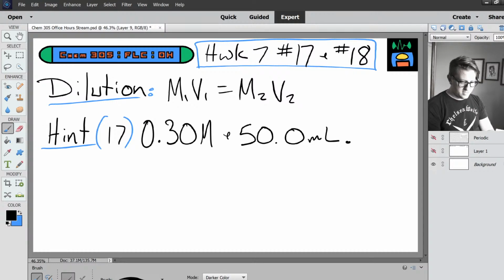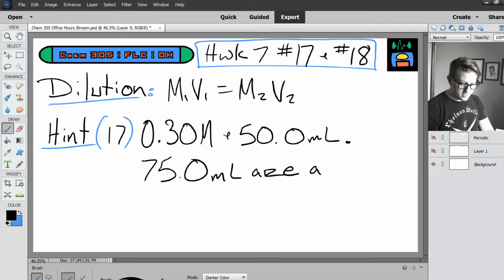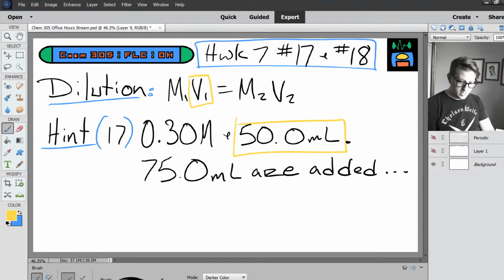And then it says 2, then you're told that 75.0 mils are added. So here's the thing. There's V1, right?